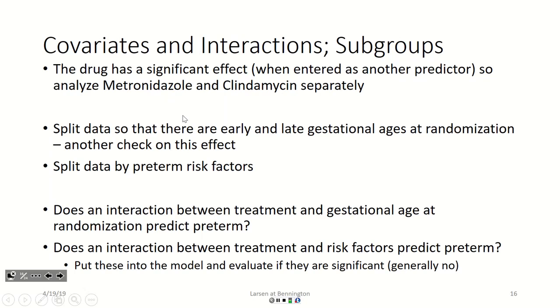But there's something a little subtle. If you combine data and have an effect for risk factors and an effect for gestational age, each of those is kind of averaged over the other categories. So if you have the effect of gestational age, it's averaged over this in the model, even if there's an effect in there.